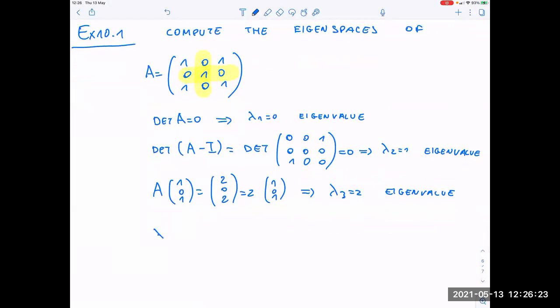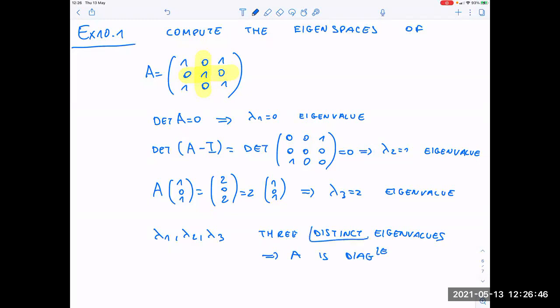So you see, we have lambda 1, lambda 2, lambda 3, three distinct eigenvalues. And this means, for example, A is diagonalizable, right?